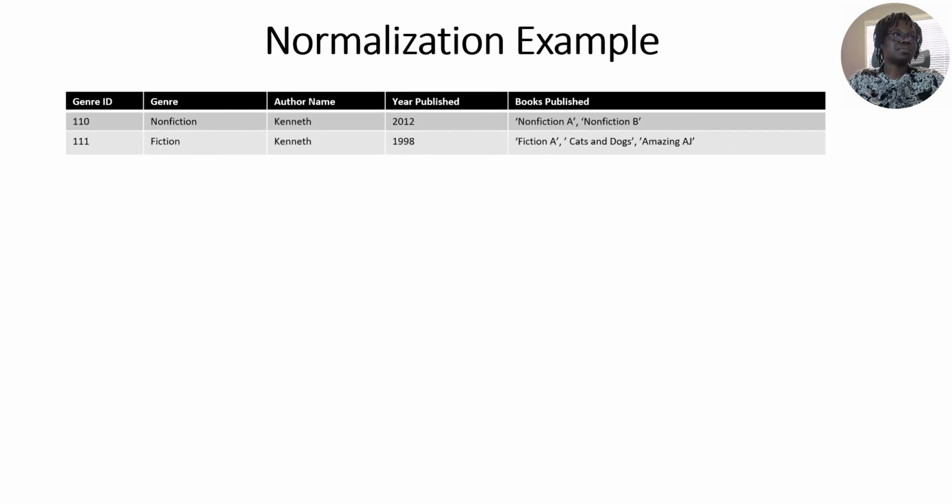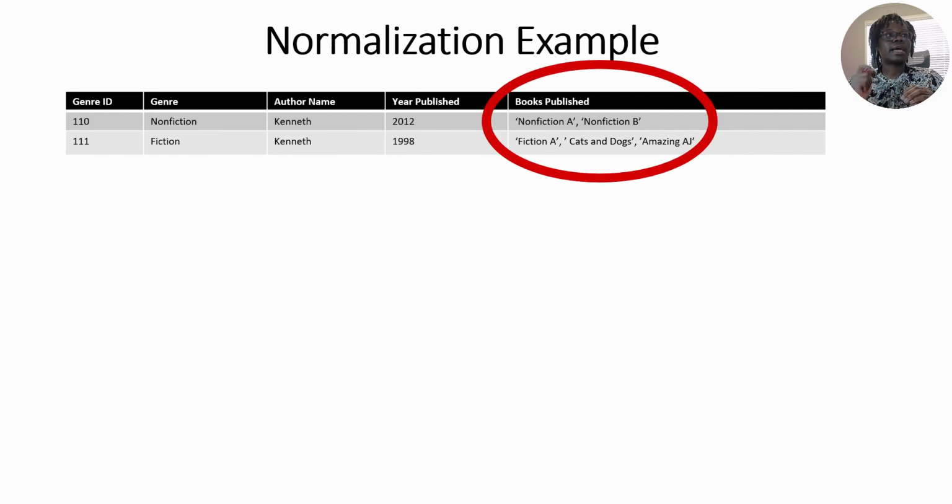So we want to go through some examples of normalization. Now we just have a general table here. We have the author name, the year published, and books published by the author. Okay, and we have the publication type, which is the fiction and the nonfiction. Now this table is not in any normal form at all because there are multiple items in one cell.